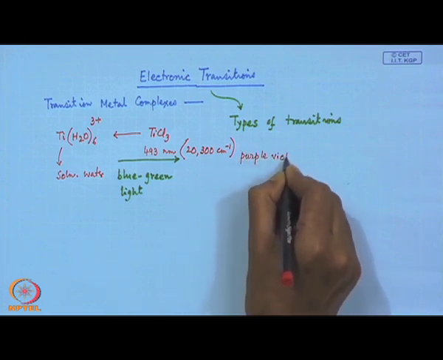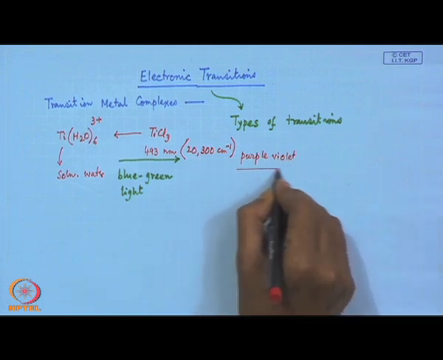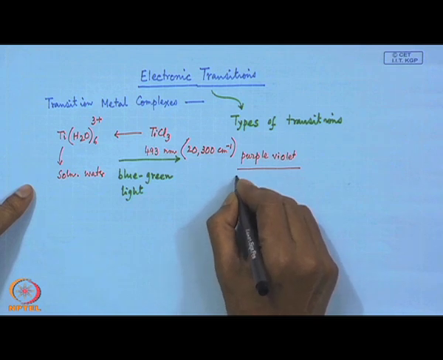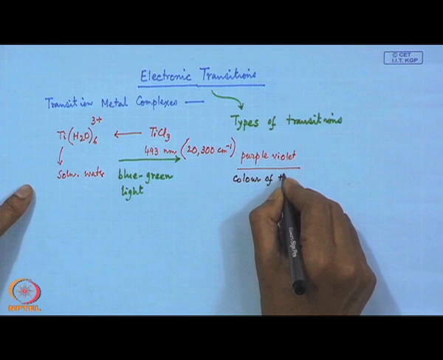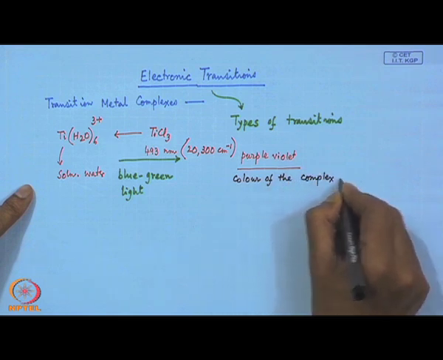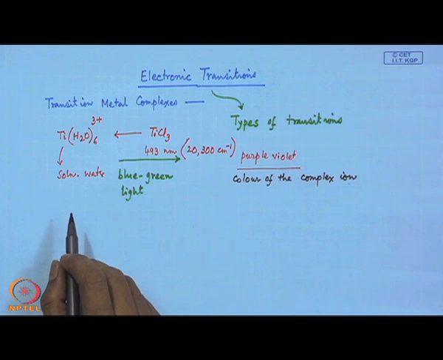What we see is the complementary color, and this would definitely be the color of the complex ion. So, at this particular wavelength the absorption is taking place and we will see the corresponding color.